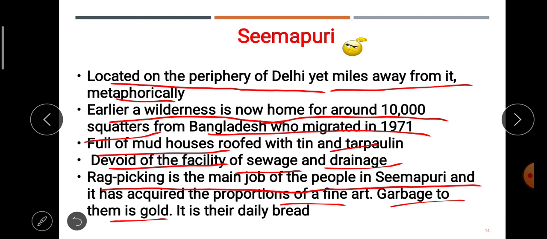Heaps of garbage are not less than mines of gold for the rag pickers, because they get some valuable things like metallic bits, some plastic, some rubber items. So they pick up things made of rubber, plastic and metal.